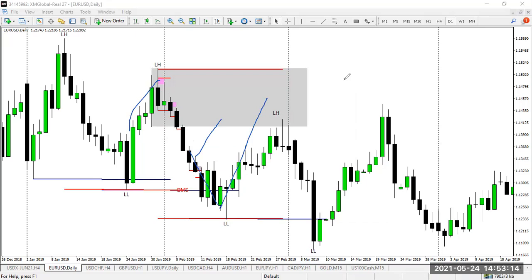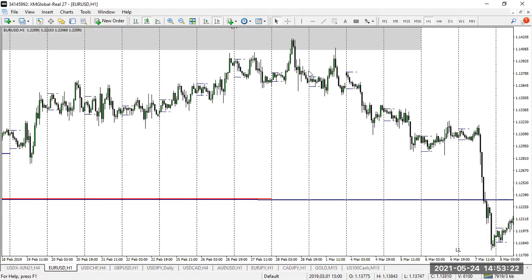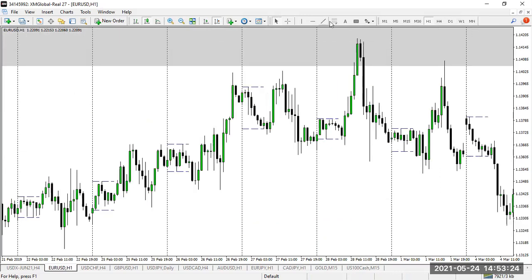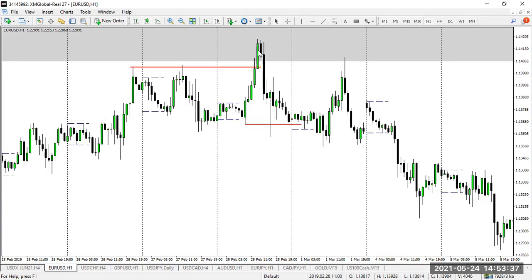So now when they came back again, let's go and see on 1 hour. Was there a reversal in the order block? This was the higher high, and then this was the higher low. And then this is the BMS, and this is the higher high in the order block.